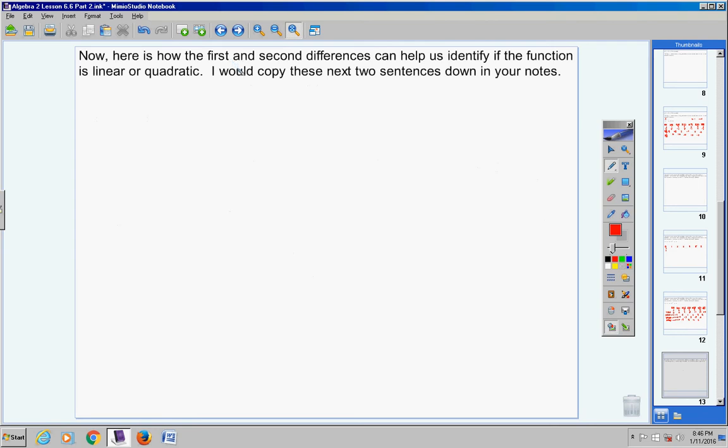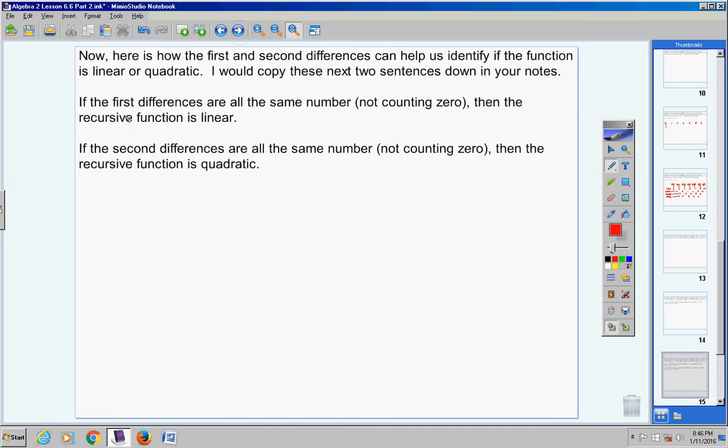Here is how the first and second differences can help us identify if the function is linear or quadratic. I would copy these next two sentences down in your notes. If the first differences are all the same number, not counting 0, they cannot be all zeros, okay?